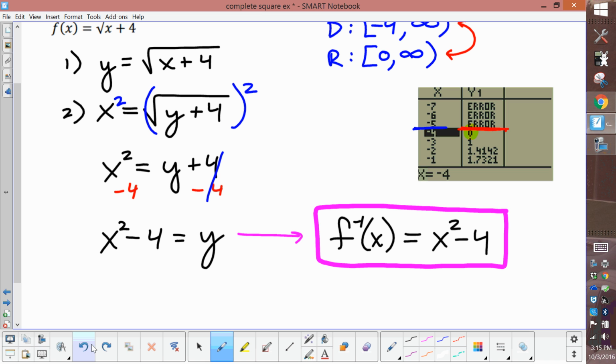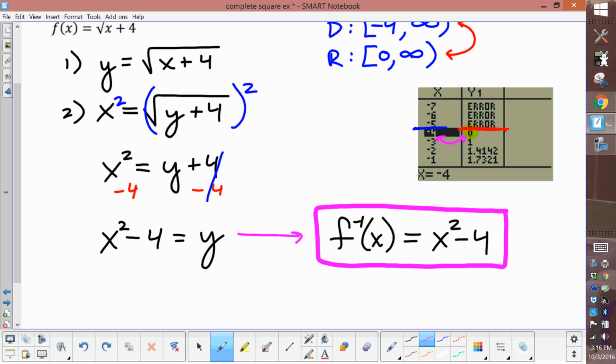If I were to plug in a 0 right here, 0 squared minus 4, okay, it goes backwards. 0 squared minus 4 is negative 4. And you'll notice from this table, I'm changing my inputs. In my original formula, if I plug in a negative 4, I get a 0. In my inverse, if I plug in a 0, I go back and get my original number.